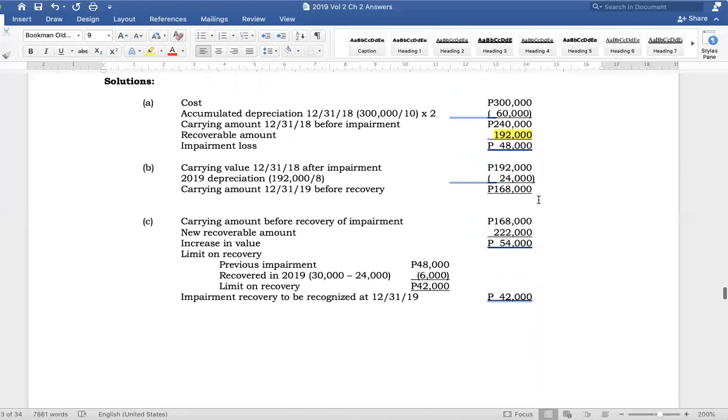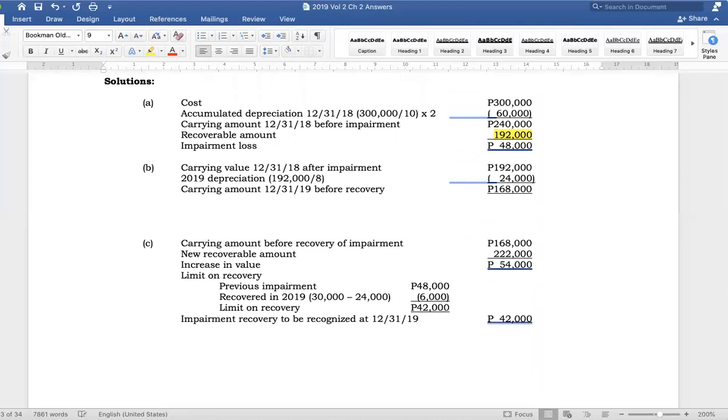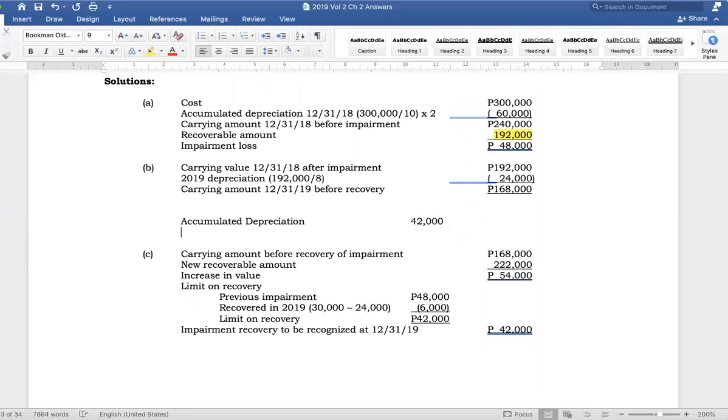Hence, what will be your recovery? Your entry here. Let's put the entry. Debit accumulated depreciation for 42,000 and credit recovery of impairment, which is an income account, for 42,000.